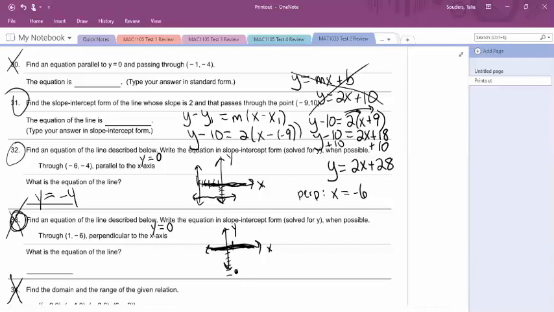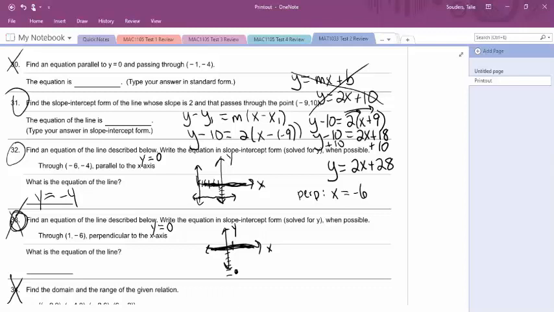Y equals 1. Okay, so if you want a vertical line, what is the equation of a vertical line? Which variable does it always use? Well, we'd use the Y, well, the -6. So in general, whenever you're writing a vertical line, which variable do you have to use?